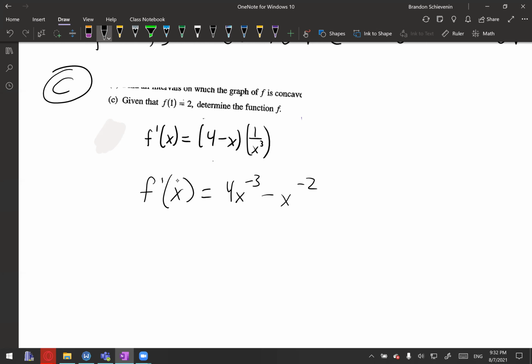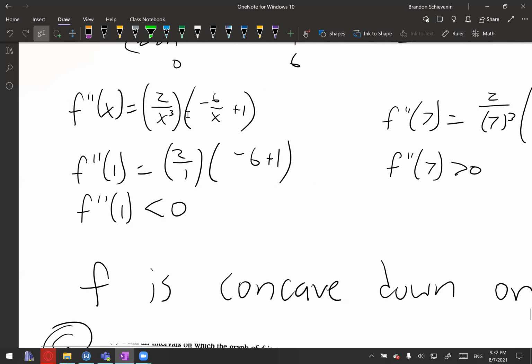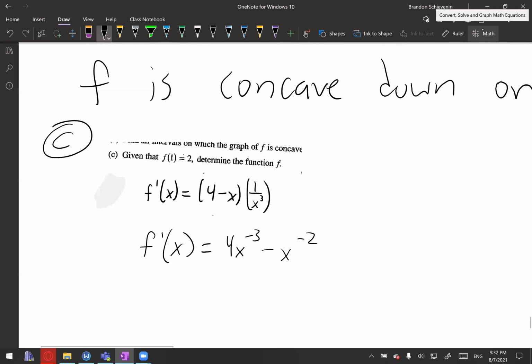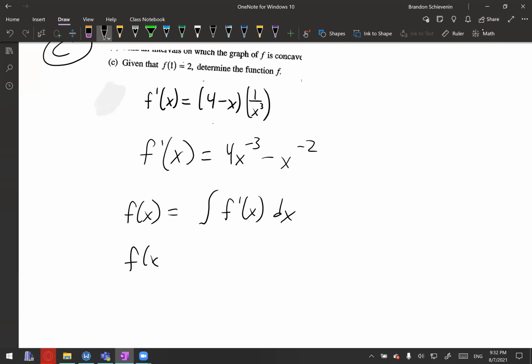So f of x equals negative 2x to the negative second power.